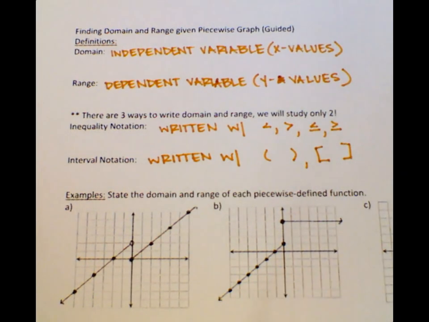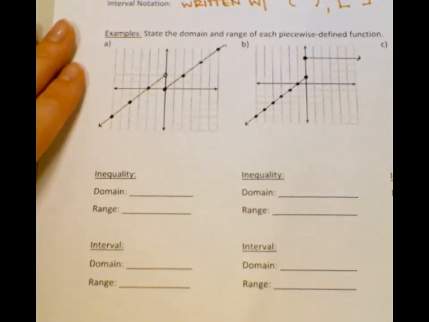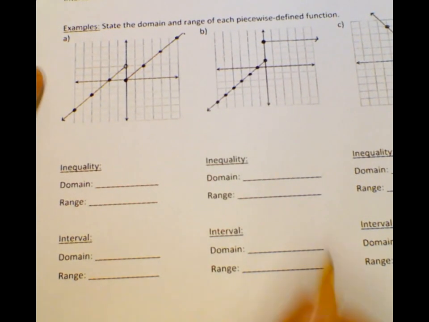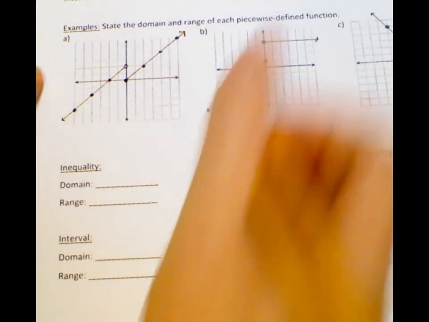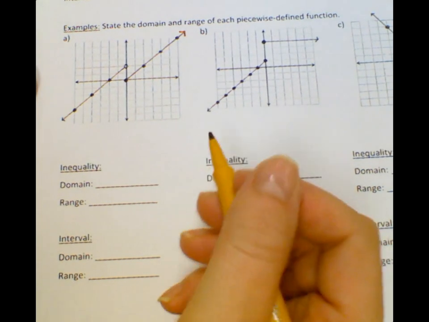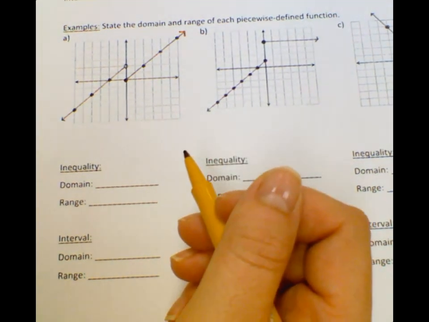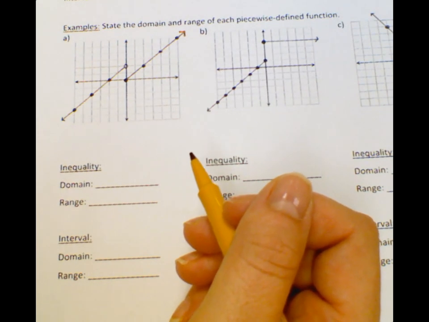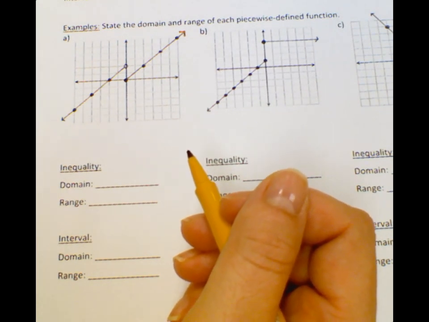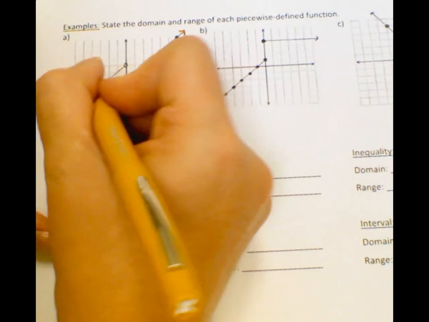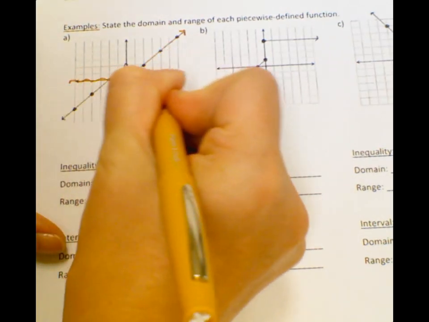Okay, so let's just look at one. Let's look at this first one. You can't see my other little arrow up here, but it's up there. Okay, so when we look at the domain, we want to look at the x values, and we want to see, are those x values on the graph? So like, here's my x's right here, right?